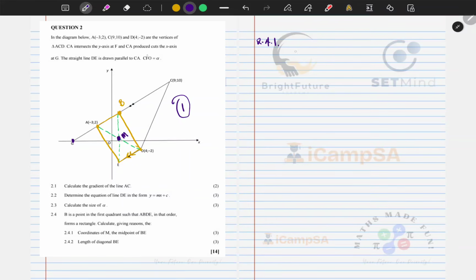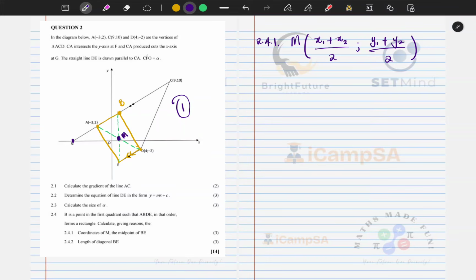2.4.1. And what does the midpoint formula say? It's x1 plus x2 all over 2, and your y1 plus your y2 all over 2, right?